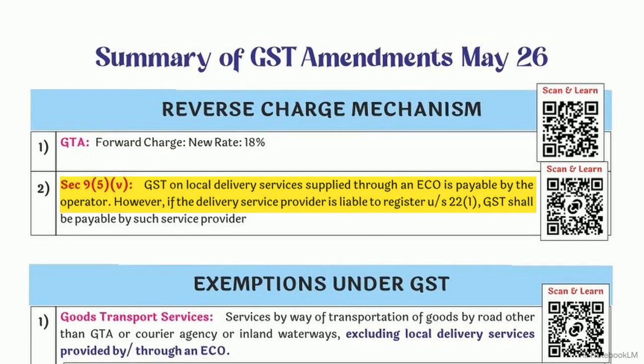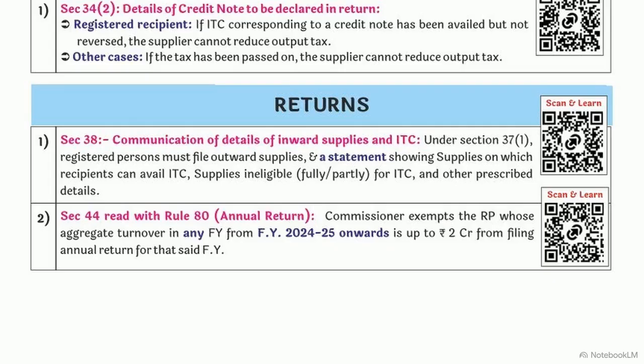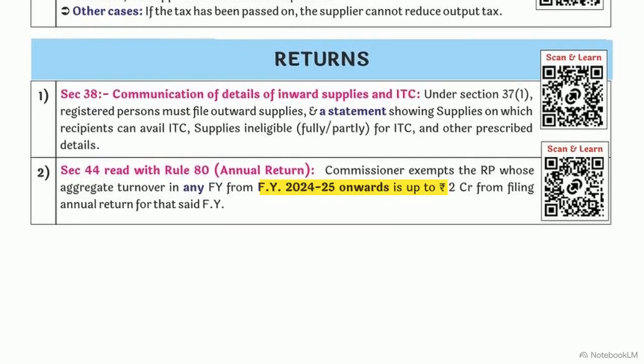The final major compliance relief targets the administrative burden of end-of-year reconciliations. This returns section highlights that starting from financial year 2024-25, registered persons with an aggregate turnover up to 2 crore rupees are officially exempted from filing the annual return. These hard limits, 2.5 lakh rupees for fast-track entry and 2 crore rupees for annual reporting exemptions, are exact regulatory cutoffs designed to keep low-risk entities out of the administrative backlog.